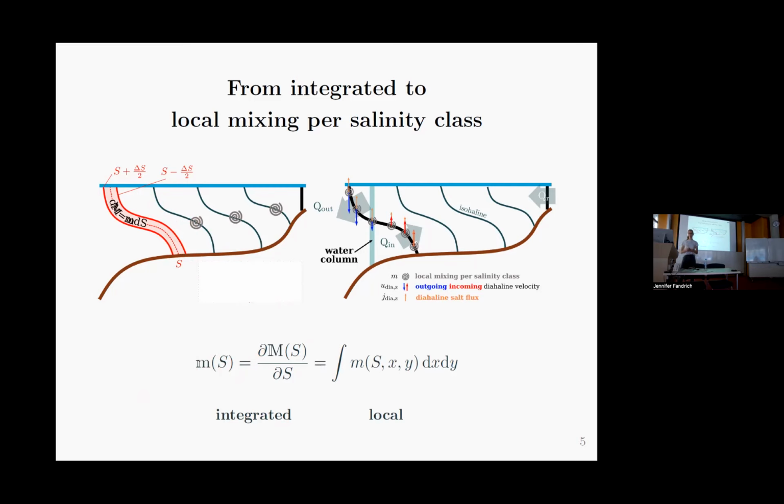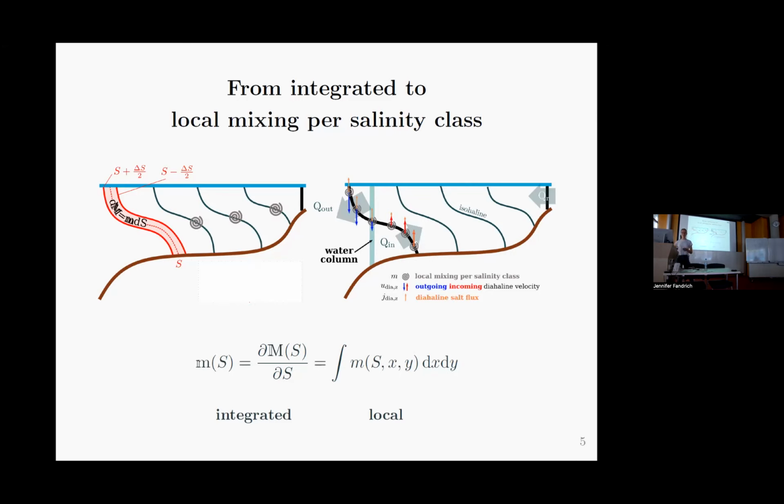What we can also do in the next step, in the sketch right next to it, is look at the mixing inside a specific water column, sketched here in this turquoise color. That is what we call the local mixing per salinity class. You can just think of it as local mixing for now. We will look at this more in detail, and I will also hopefully help you gain some basic understanding of why we look at this and why it's important.